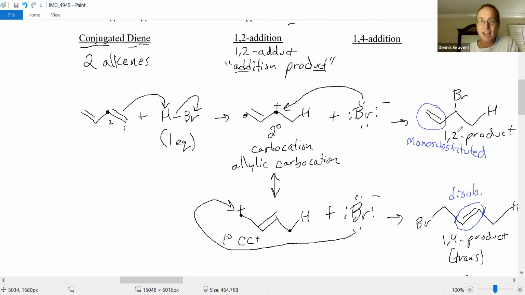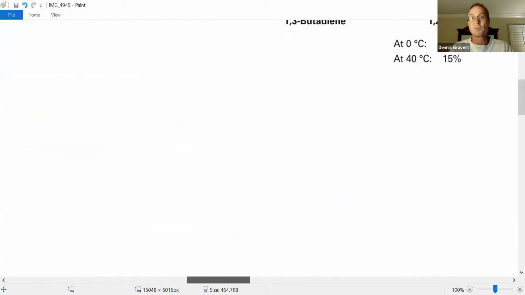But we also said, hey, Zaitsev's rule says that the di-substituted alkene is more stable than the mono-substituted, or thermodynamically, the di-substituted alkene is more stable. So kinetically, we're favoring the secondary carbocation faster to be made, but thermodynamically, we favor the di-substituted, the 1,4 product, because it gives us the most substituted alkene, more stable. Okay, so that's actually what we mean by kinetic versus thermodynamic control.